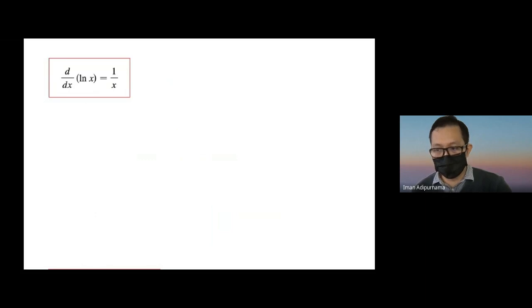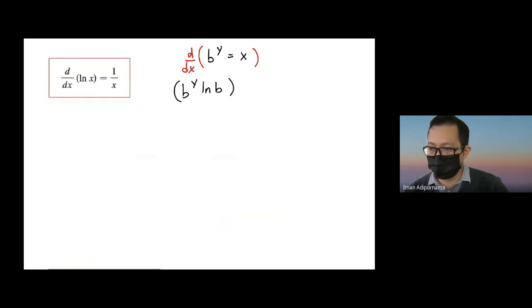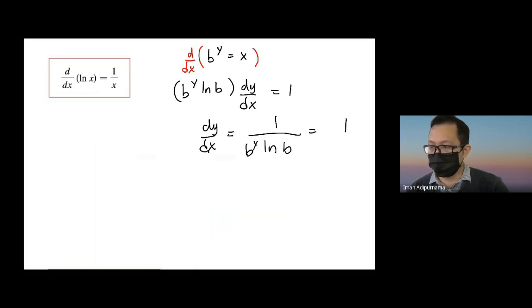And we proved it last time using implicit differentiation, from b to the power of y is equal to x. We differentiate both sides. This will become b to the y, ln b, and then dy dx, and this will be 1. So dy dx is equal to 1 over b to the y ln b. This is 1 over x ln b.